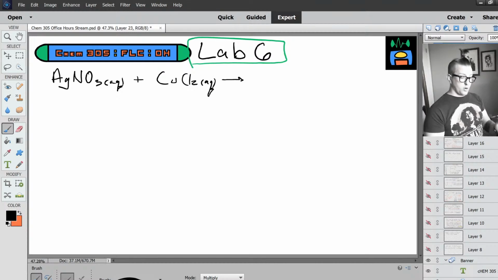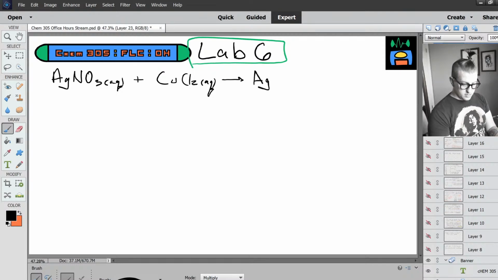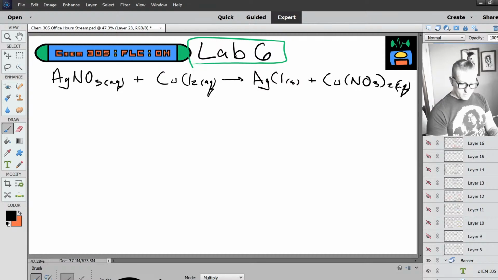And these two are reacting to form a solid plus another aqueous ionic compound. All right, and it balances out like this.